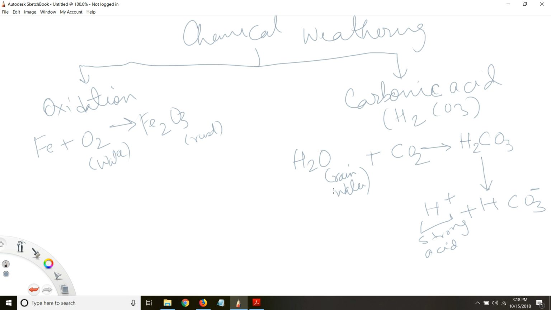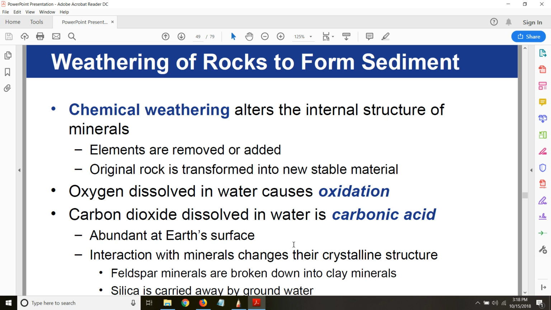The H2O from rainwater combines with CO2 in air and makes H2CO3, and then this H2CO3 breaks down into the strong acid H plus and HCO3 negative. So these are the two common examples of chemical weathering that you will observe in natural systems.